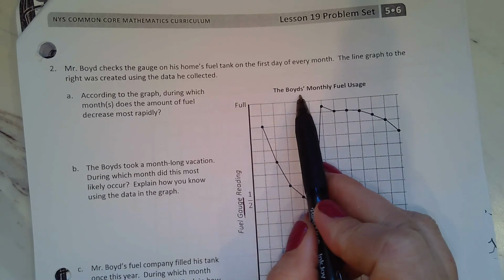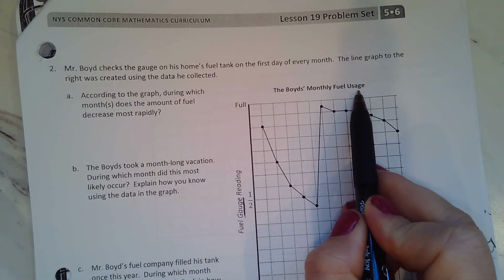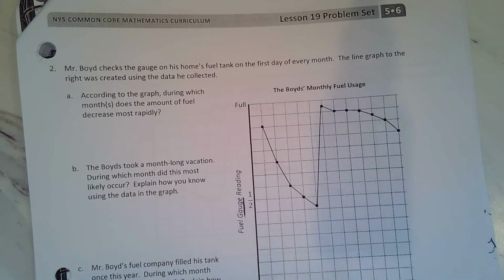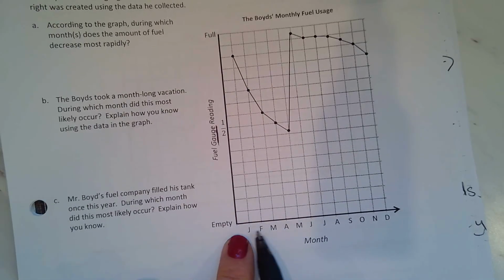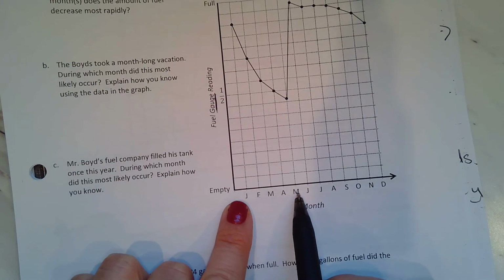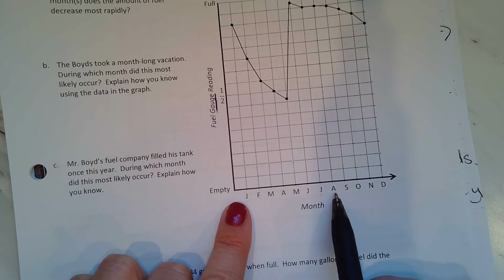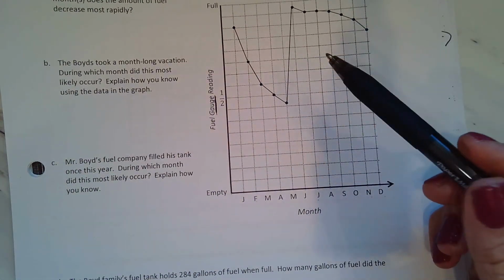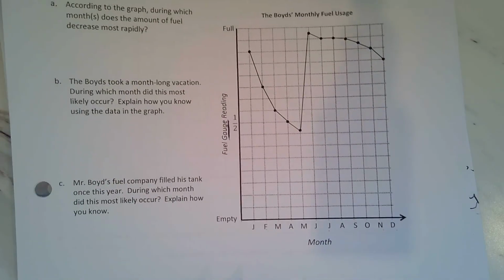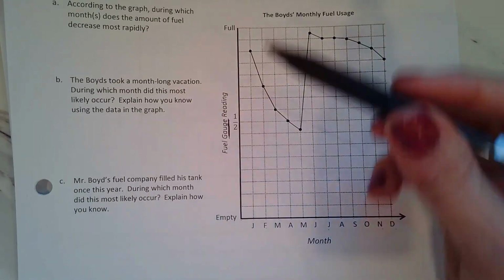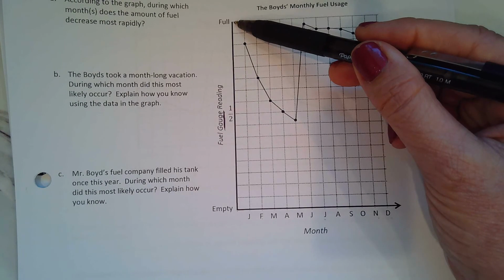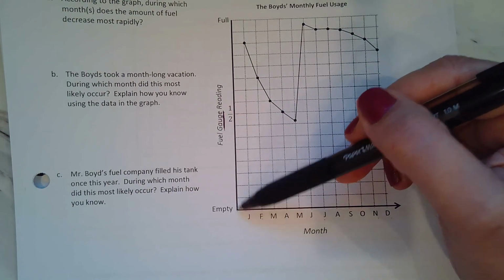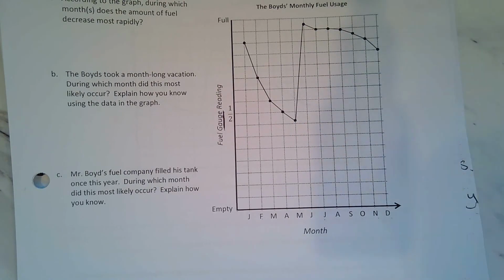So this is the Boyds' monthly fuel usage. How much fuel are they using in a month? So this is January, February, March, April, May, June, July, August, September, October, November, December. So this is 1 year. Somebody was tracking. Oh, this is when it was full. The fuel gauge was full. This is when it was empty. So it looks like they're pretty responsible there.